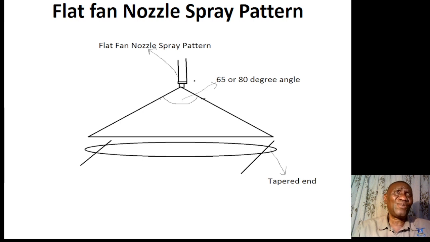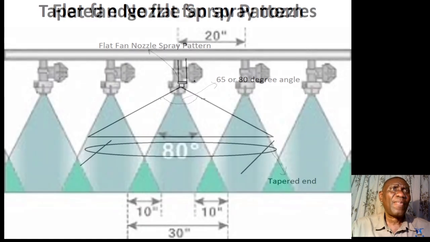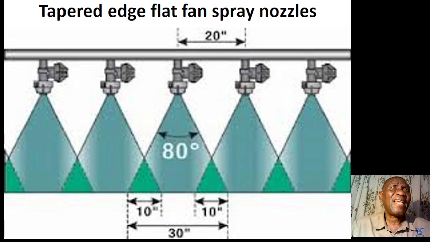So it is at those edges that you adjust your nozzles so that there is an overlap at the tapered end, like what has been done here on a tractor boom sprayer using flat fan spray nozzles.